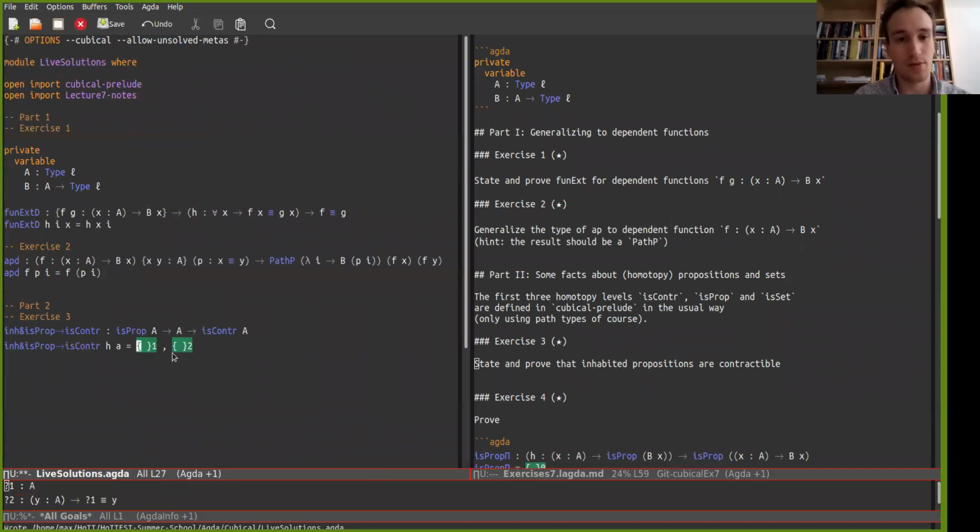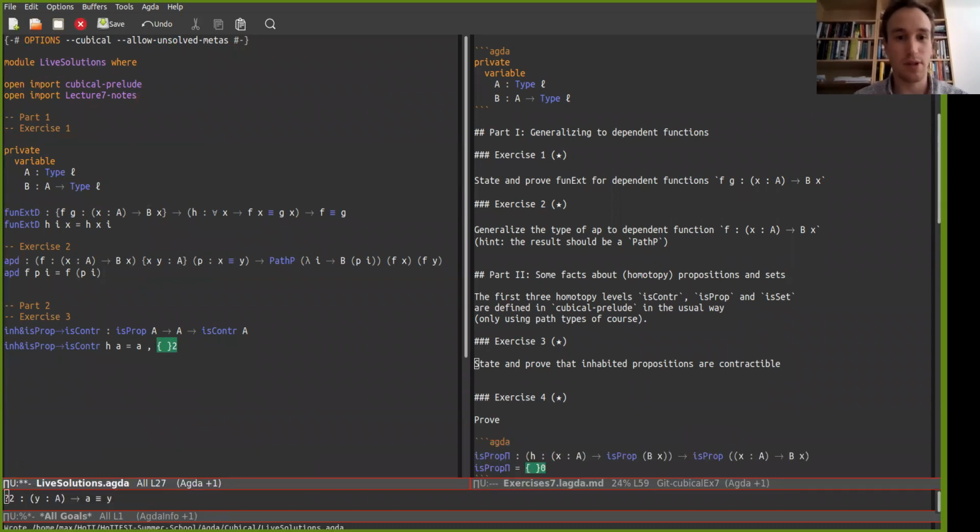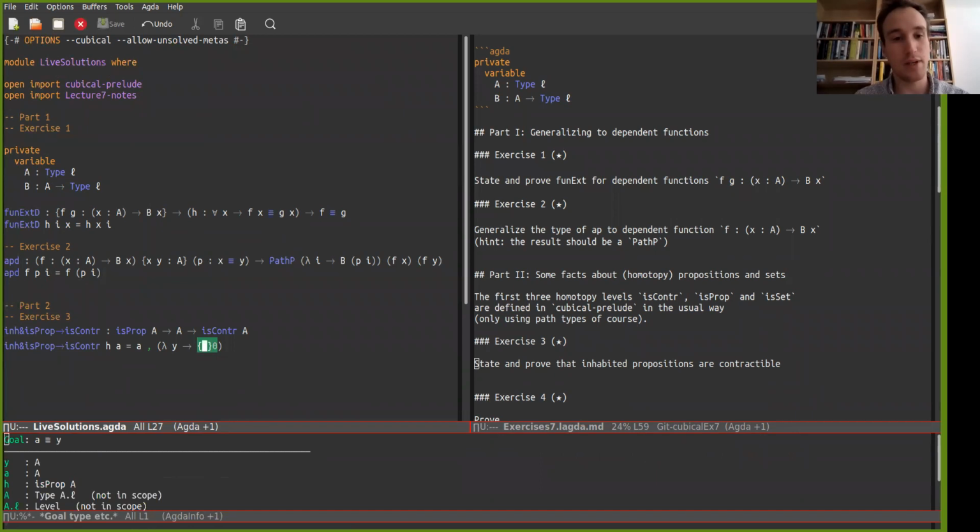Okay, so we have to give it two things. We have to give it the center of contraction. Well, we don't have much to work with. That's A. And then a function giving the y, where we have to produce a path that A equals y. So this will just be our hypothesis that A is a proposition, H y.